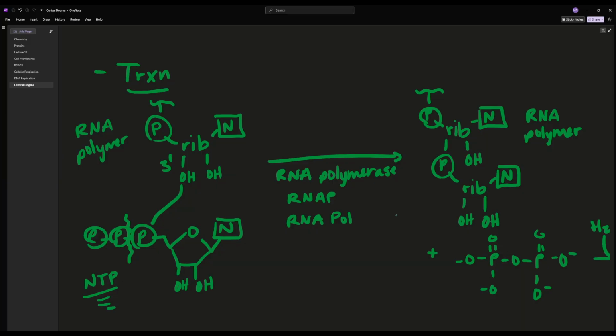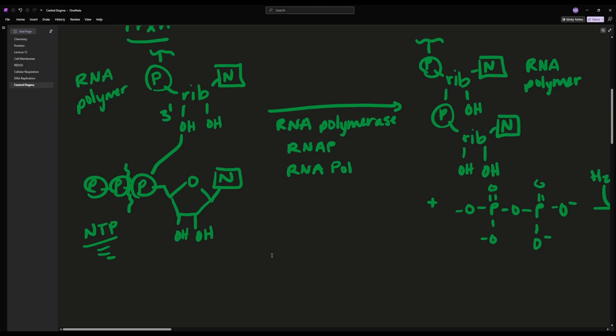We polymerize this out many, many times, but in order to know which incoming NTP we should use, we look to the complement or the template strand. And in this case, the template strand is DNA.